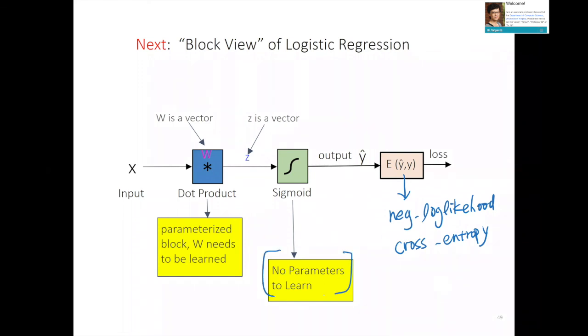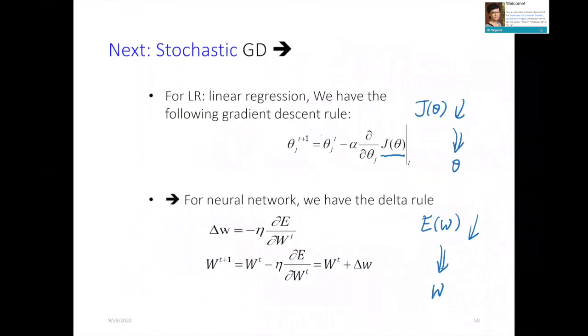The sigmoid function, if you remember, has no parameters: e to the z over 1 plus e to the z. So in this basic version, it has no parameters. That's why we call this type of layer a non-parameterized layer. There are no parameters to learn. The goal is to learn the parameters of the parameterized blocks by minimizing the loss. It's the same procedure as your homework one: you just use gradient descent.